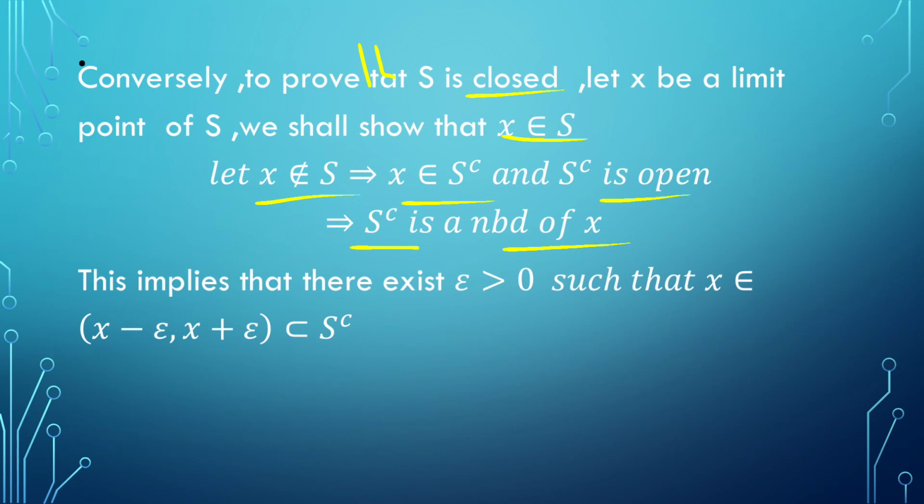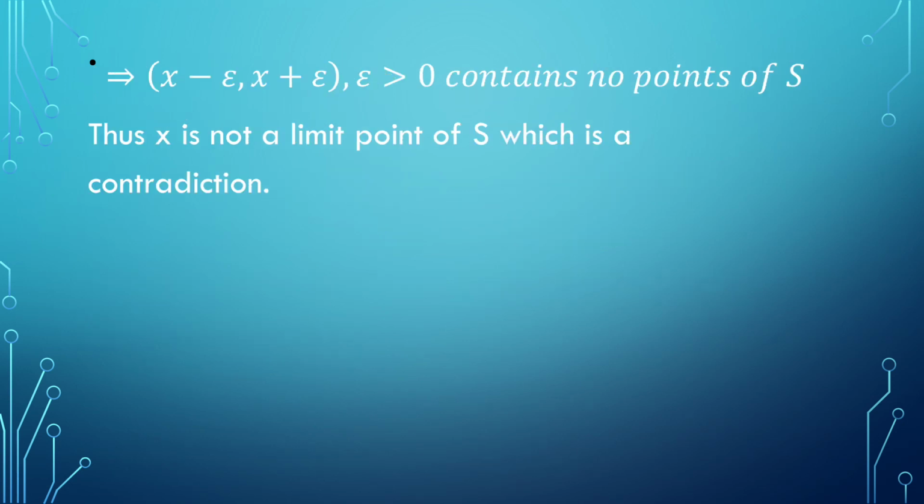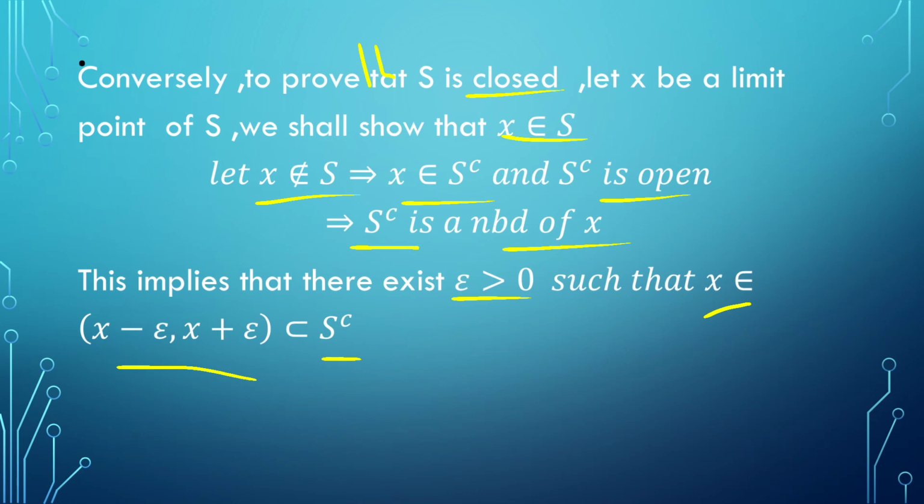This implies that there exists a positive epsilon such that the neighborhood of x will be contained in the complement of S. So this implies that it contains no points of S. But we said that x is a limit point of S, and that becomes a contradiction.